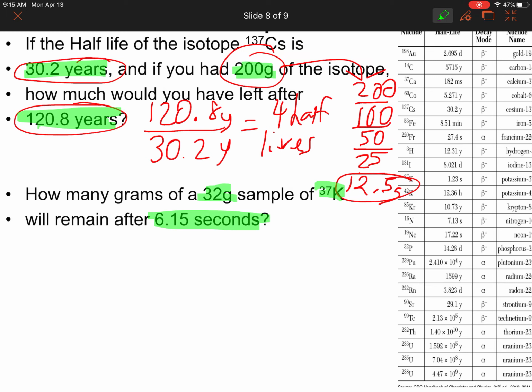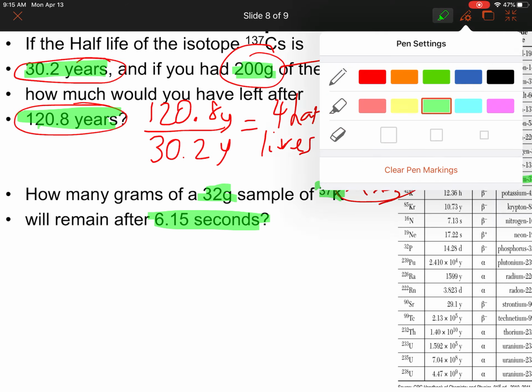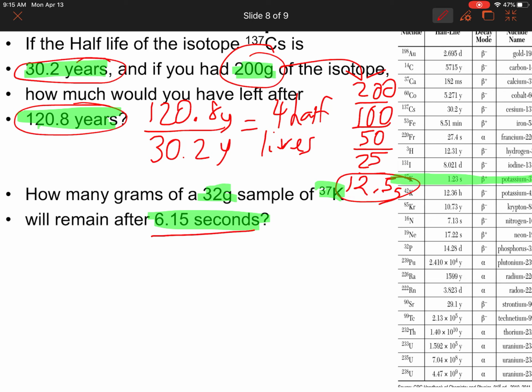So scour our table over here. There it is, K-37. So they gave us the total time here, 6.15, divided by the half-life, which says right there, 1.23 seconds. Okay, so you divide them, and you're going to get 5 half-lives.